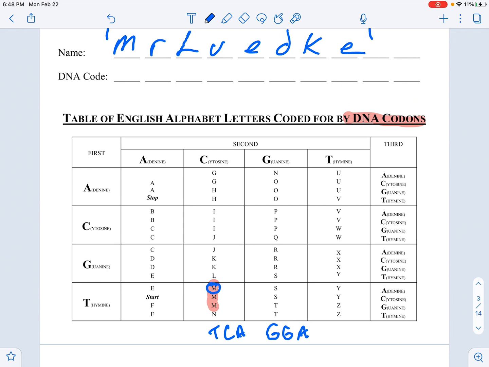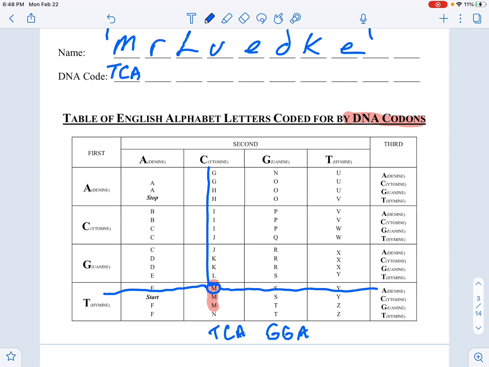I want a code for that particular M. Then my first base would be a thymine. I'm going to write that in right there. My second base is going to be a cytosine. And then my third base would be an adenine.